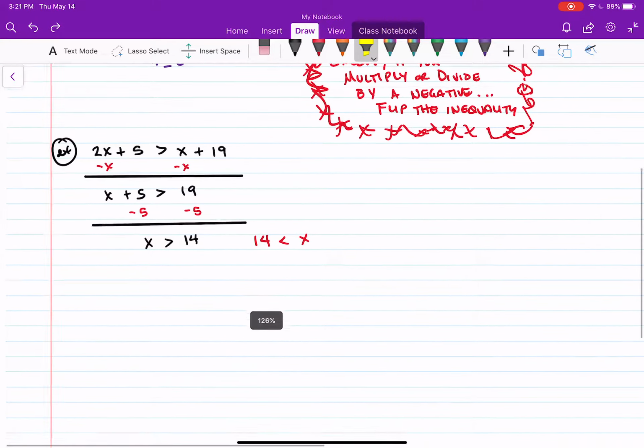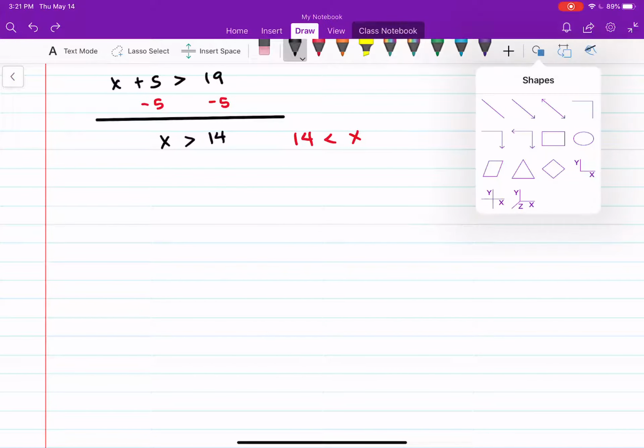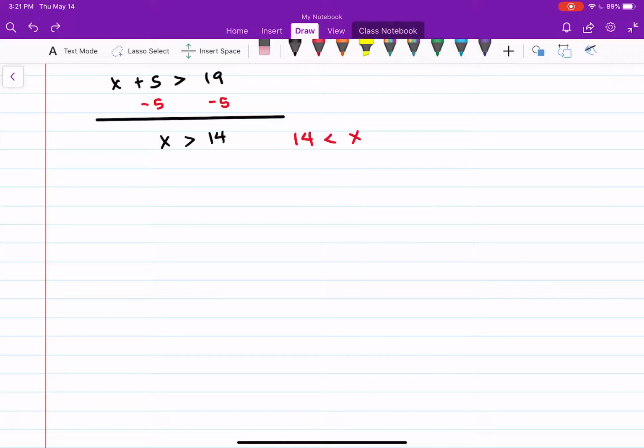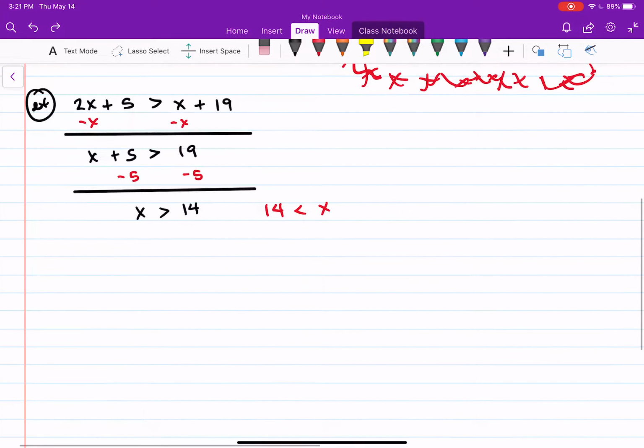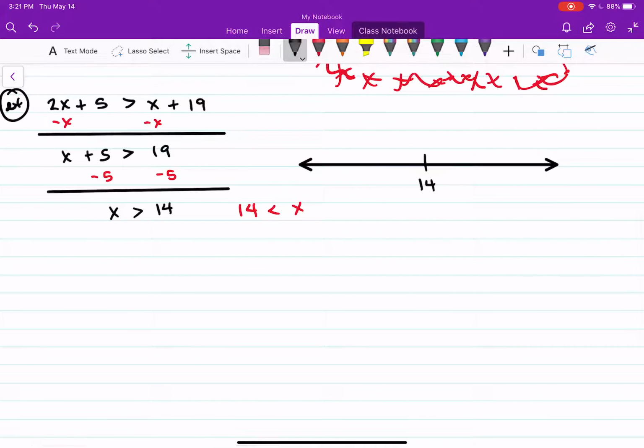All right, so we now have to graph this. And the reason why we have to graph this is because there is multiple answers, okay? There's multiple answers. So here's 14. Is this a parentheses or a square bracket? That's right, it's a parentheses.